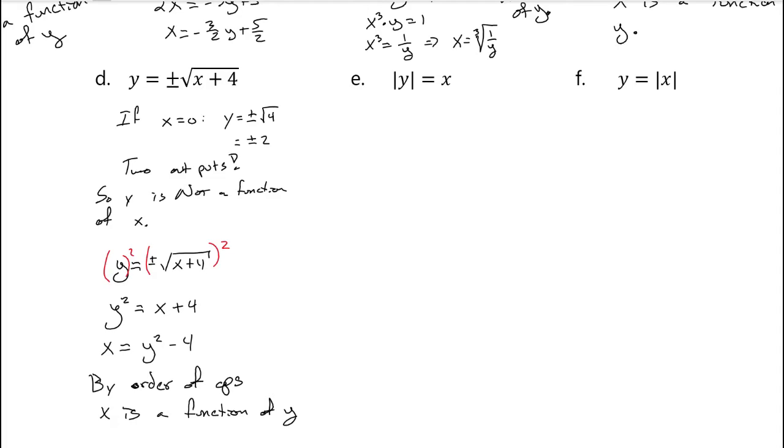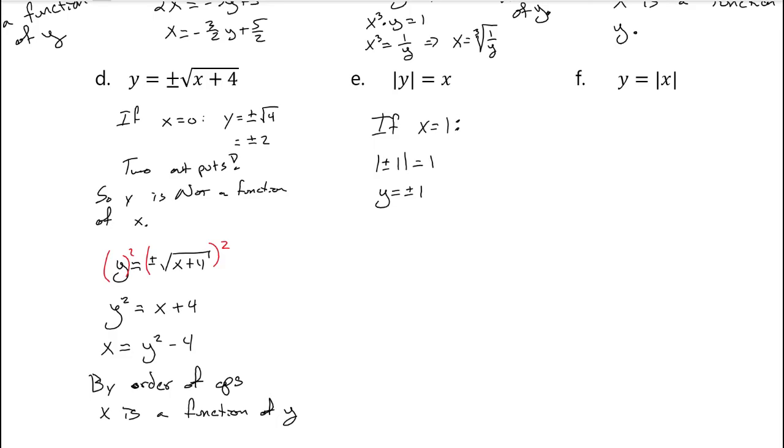All right, looking at part E, we have the absolute value of y equals x. So if, for example, x equals 1, then we could have the absolute value of plus or minus 1 equals 1. So y could equal plus or minus 1.